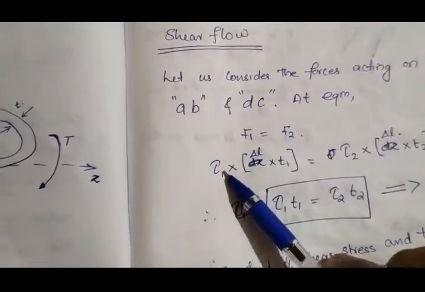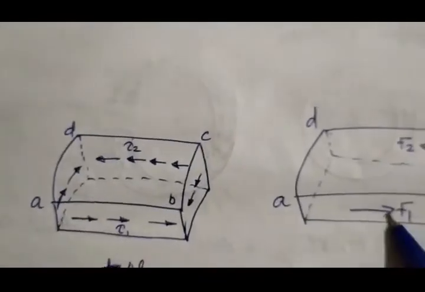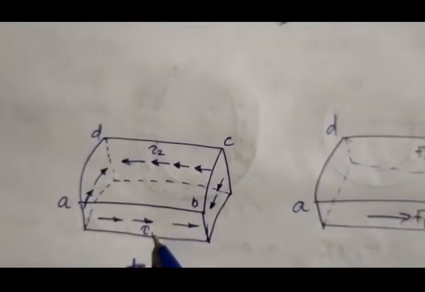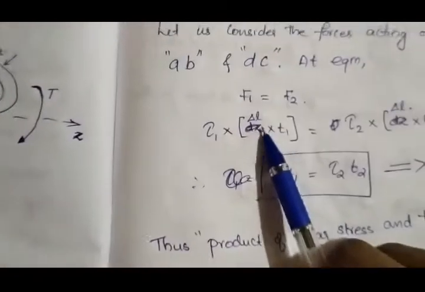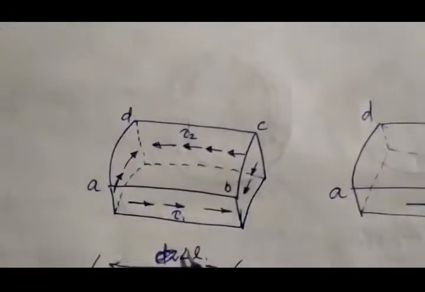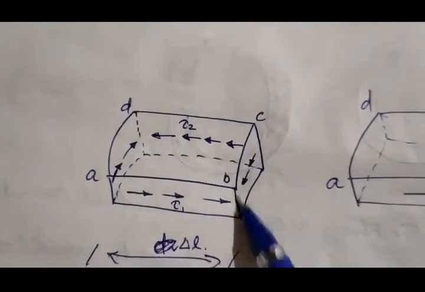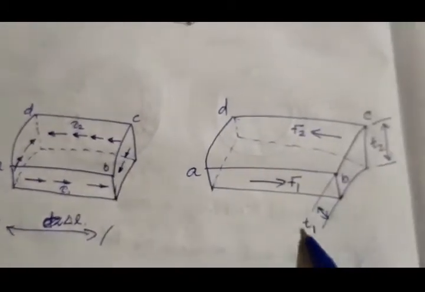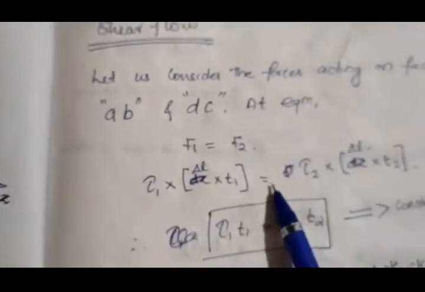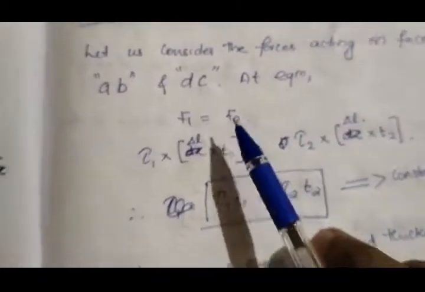Shear stress is tau 1 here. For F1 it's tau 1, and area is delta L into thickness. Thickness here is T1, right? So tau 1 into delta L into T1 is equal to F2.